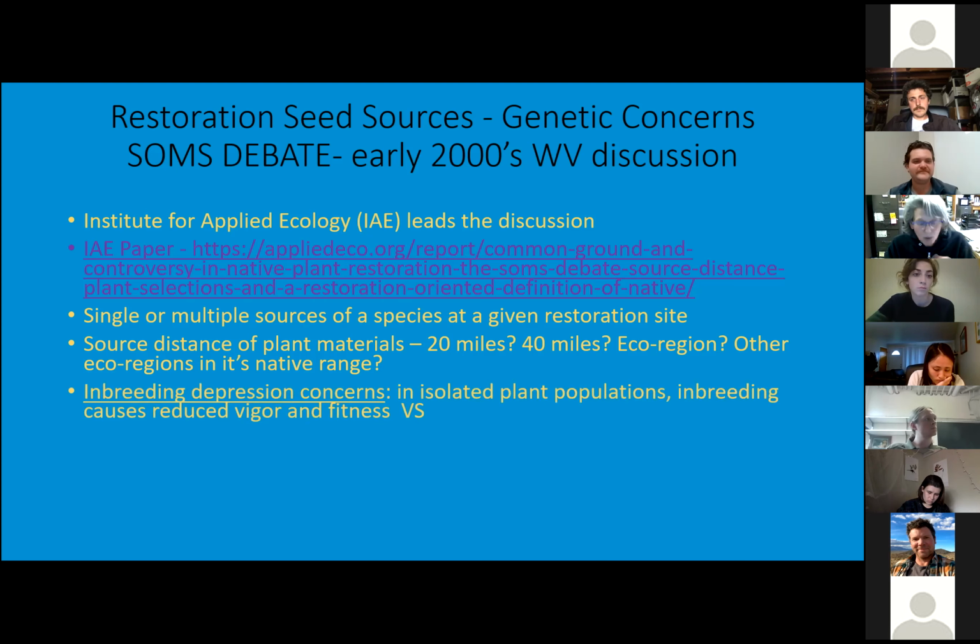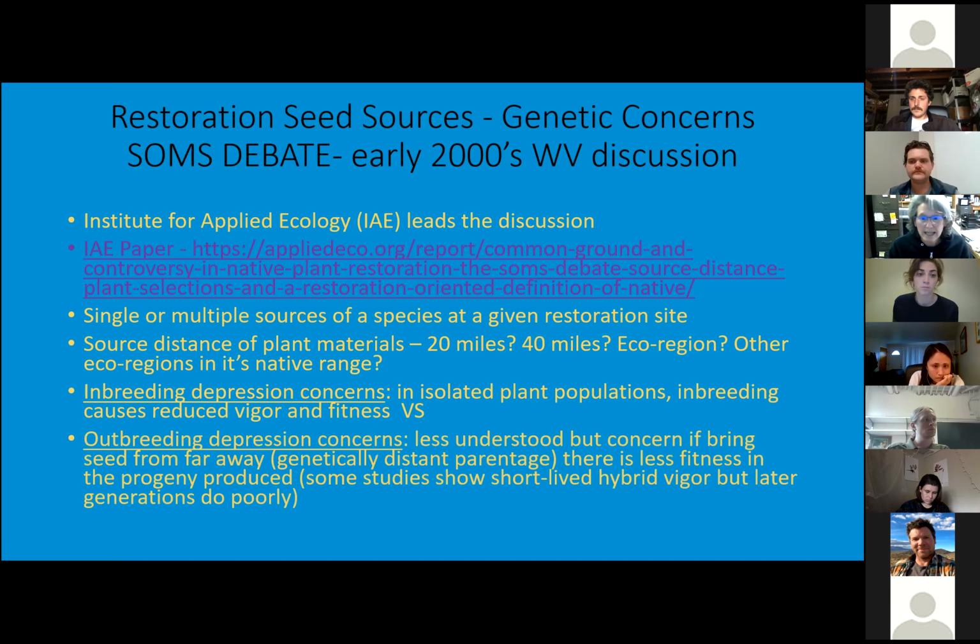But of course, the questions are surrounding inbreeding depression, which I think most people were concerned about. These are tiny little isolated pockets of prairie left, and isn't that a greater concern, where inbreeding depression could cause reduced vigor and fitness? But then the other camp was this thing that's not very well known, called outbreeding depression.